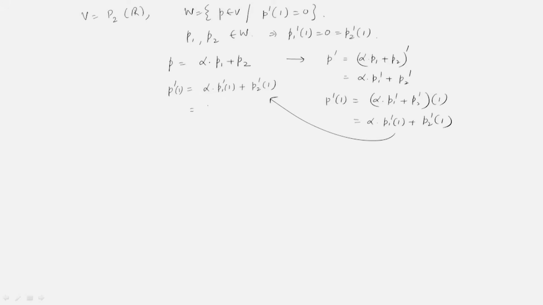Okay. And this is alpha dot 0 plus 0, which is 0. So that means this P is also in W, and that means this W is a subspace of the vector space V.